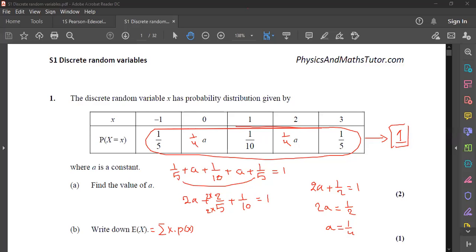So the mean of x, we multiply all values of x. That's negative 1 over 5, plus 0, and that's 1 over 10, and that's 2 times 1, that's a half. And when I say 3 times 1 over 5, that's 3 over 5.